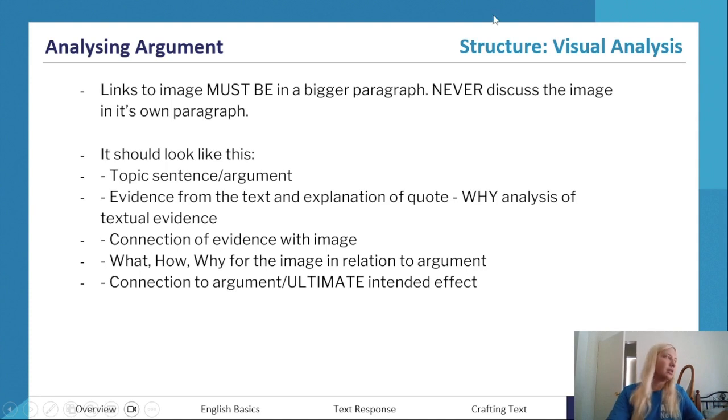So, for example, the image further reinforces the idea that, and the idea that we were just analyzing. That would be an appropriate way to link it. Then we do the same what, how, why process for the image in relation to the argument and connect back to the argument and the ultimate intended effect when we're ready to close that paragraph.